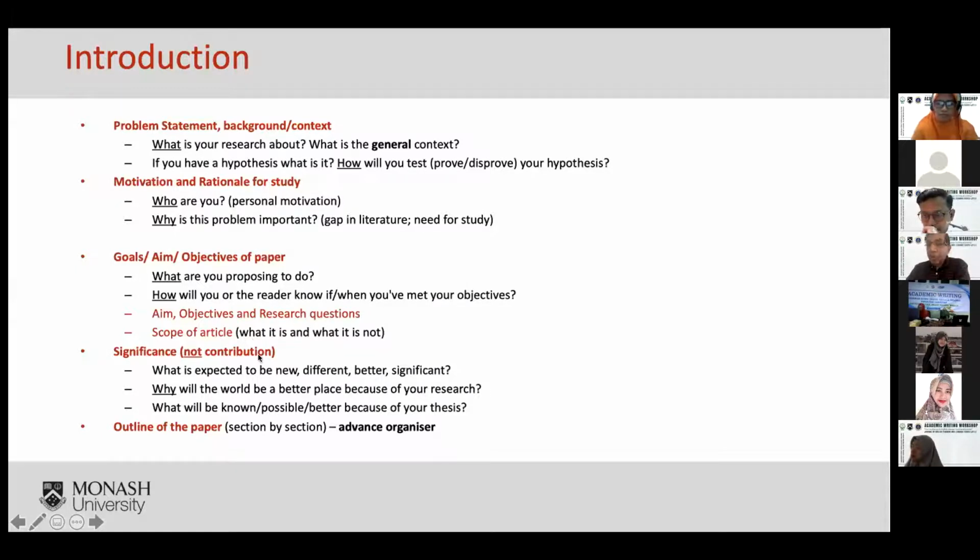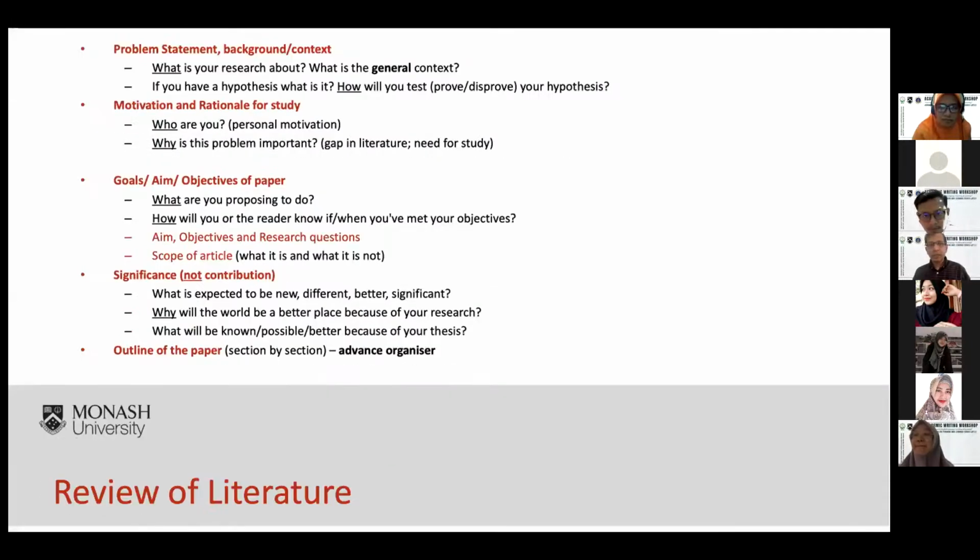But contribution means, now that the study is done, how will it contribute? That's afterwards, so the contribution goes in the conclusion, but the significance goes in the introduction. Don't mix up these two things. That's the only thing I'll ask you to remember, all right?